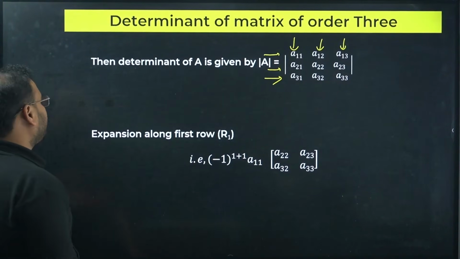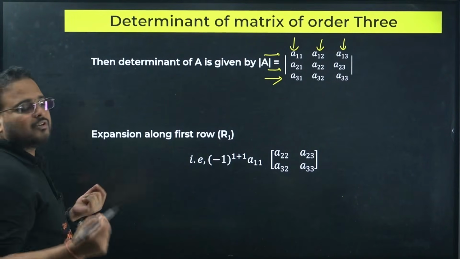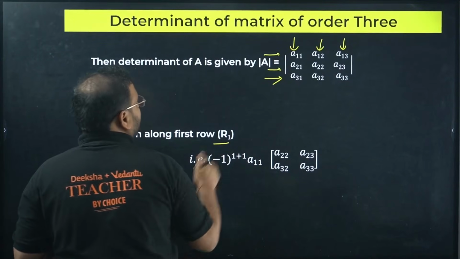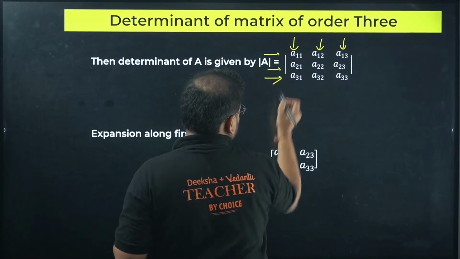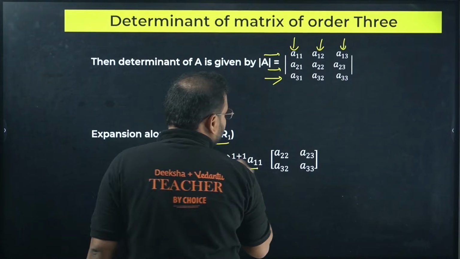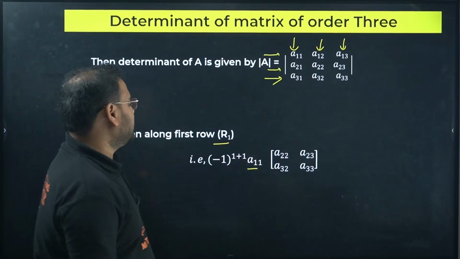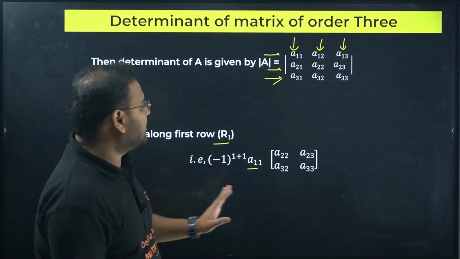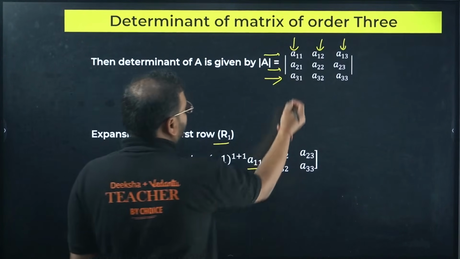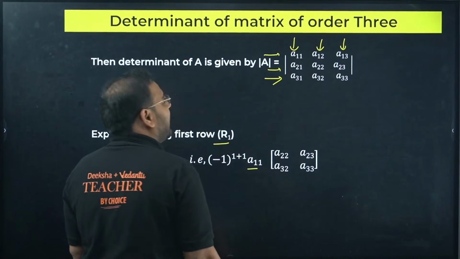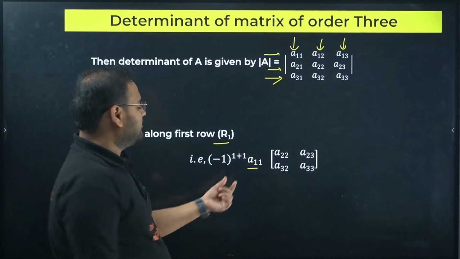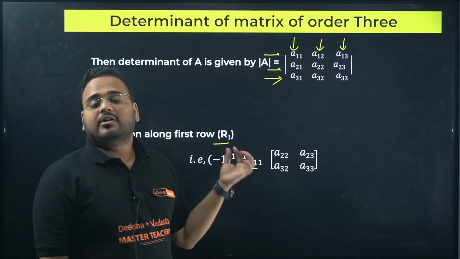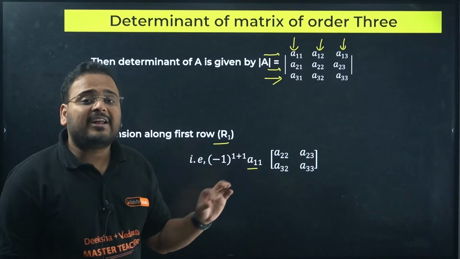If I want to expand and get the determinant value across row 1, how do you do it? Very simple. The pivot element will be the element of row 1 and the cofactors will come from your other 4 elements. For the first element A11, which is your pivot element, remove the row and column where it is contained.